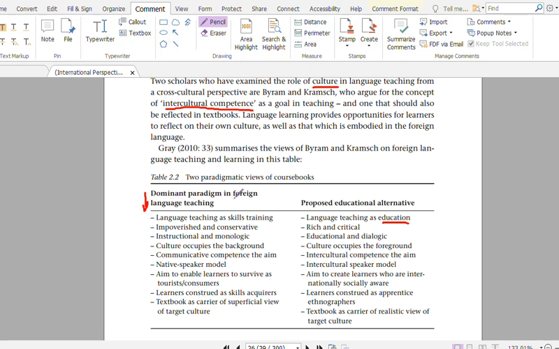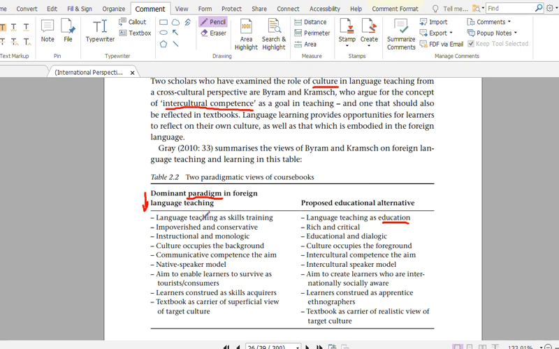The first one is the dominant paradigm in foreign language teaching. This paradigm means a set of assumptions about the world, assumptions about knowledge construction, and learning knowledge. The proposed educational alternative, again, is a paradigm, a set of assumptions or beliefs or principles about the world, about knowledge and knowledge construction, and about reality.